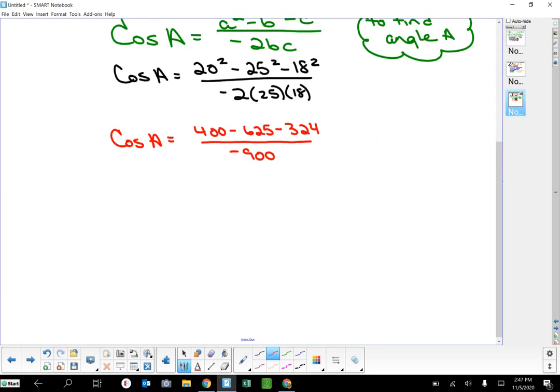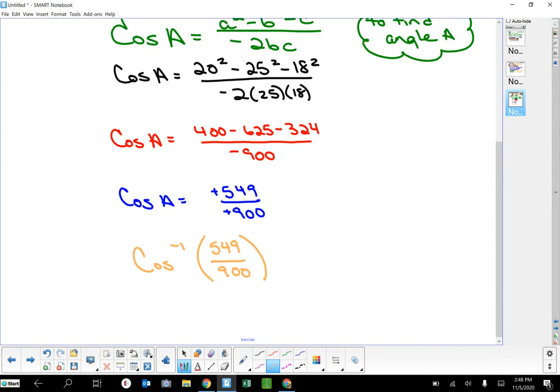And so then when you do one more step here, you get cosine of A equals negative 549 over negative 900. Now, because these are both negative, you could just make these both positive. But essentially what we're going to do here is go inverse cosine 549 over 900, and that will give us A. So angle A is going to be approximately equal to, let's plop that into Desmos and see what we get.